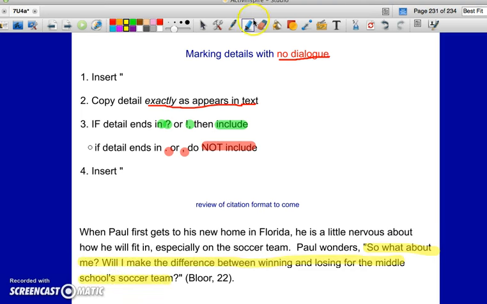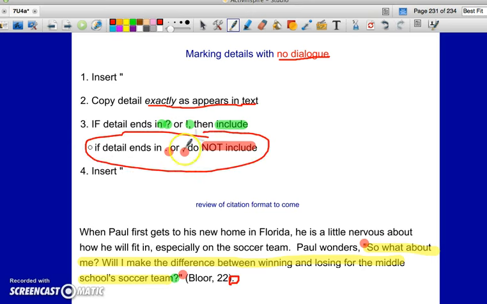That's why we only have the quotations at the beginning and the quotations at the end. Mine does have a question mark at the very end, so I include that punctuation. But remember that there's going to be a period after the citation. So that's why we don't include commas or periods if they appear in this spot.